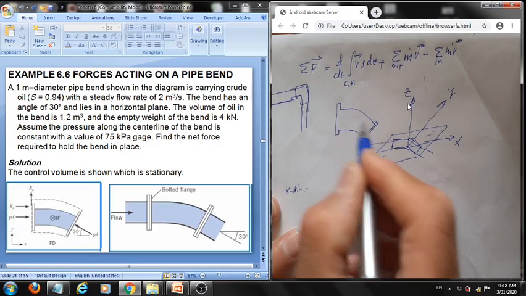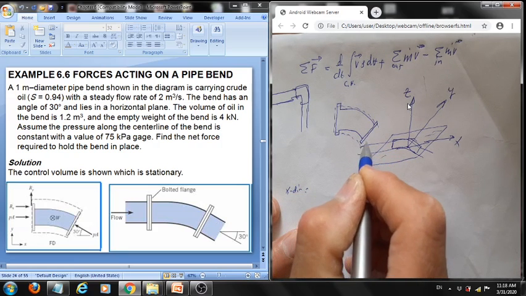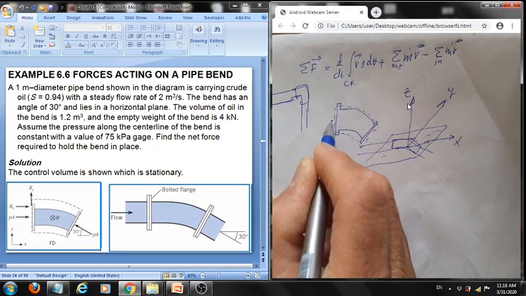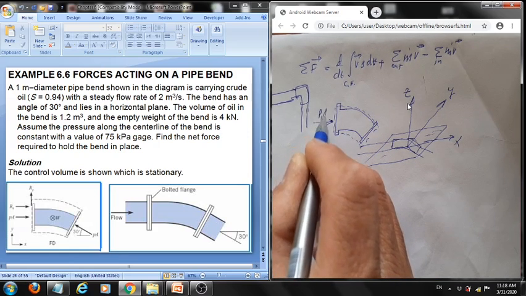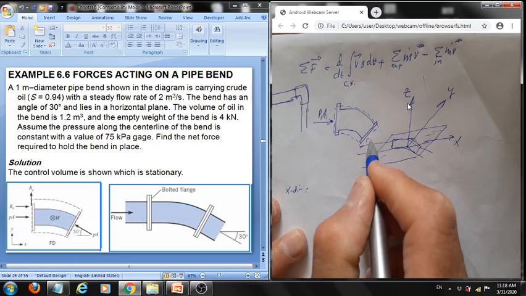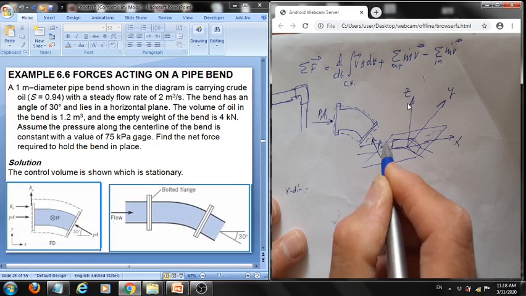Okay, so when we drew the control volume around this bend, the fluid here, which has a pressure times area, that's P1A1, which is a pressure force, whereas the fluid here, always normal, acting on the control volume, we have P2A2.